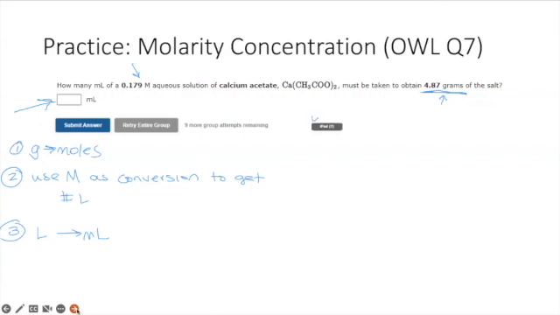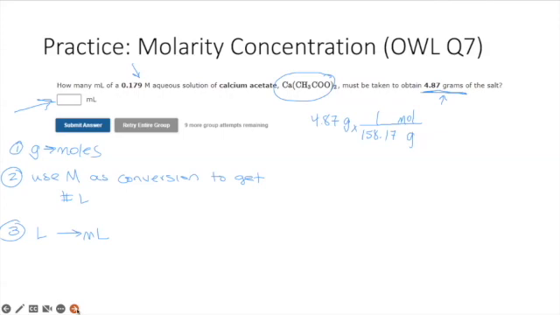So starting with step 1, going from grams to moles, I'm going to start with 4.80 grams. This crazy compound has a molar mass of 158.17 grams. Now, your compound might be different.